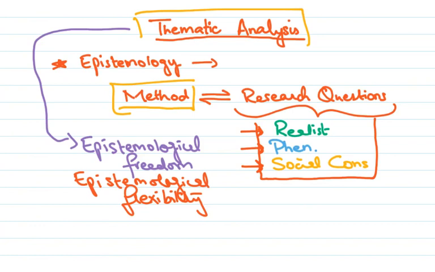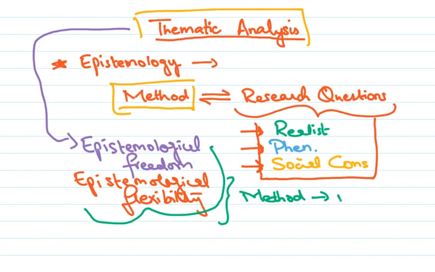Epistemological freedom or epistemological flexibility, whatever you choose to call it, basically means that the method in itself is not tied to any epistemological assumptions.